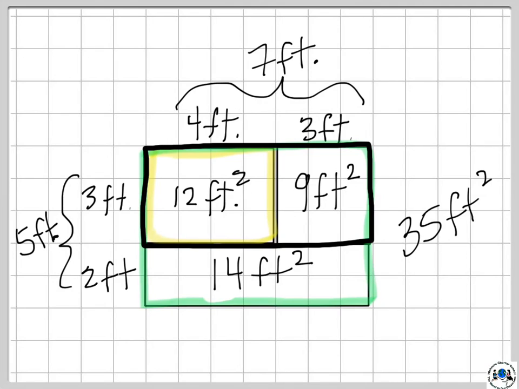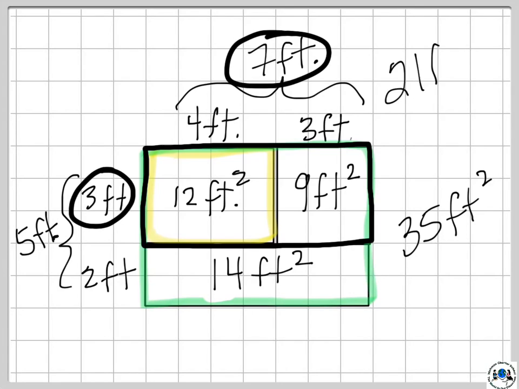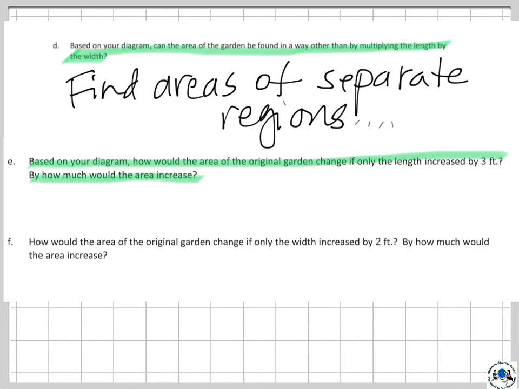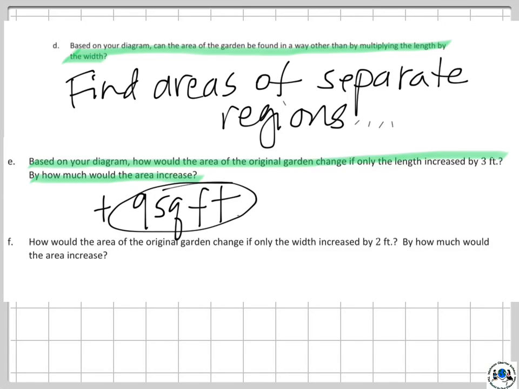So now we would have had a 7 by 3, which would have given us 21 square feet, which would have been an increase of just 9 square feet. So this would have been plus 9 square feet if we just increase the length. Okay, so let's remember that 9 square feet there.